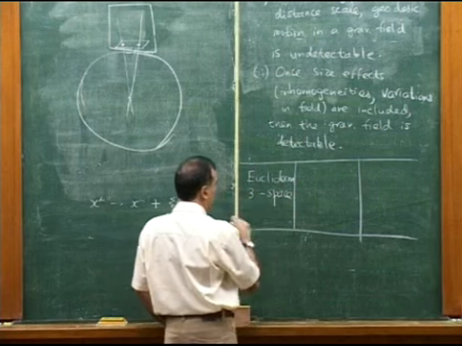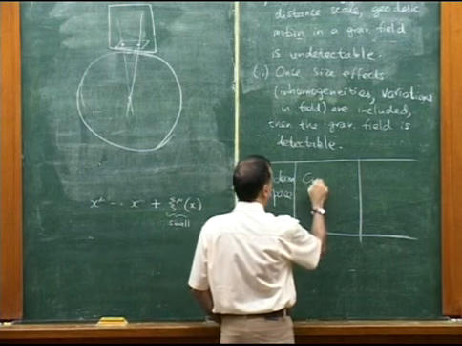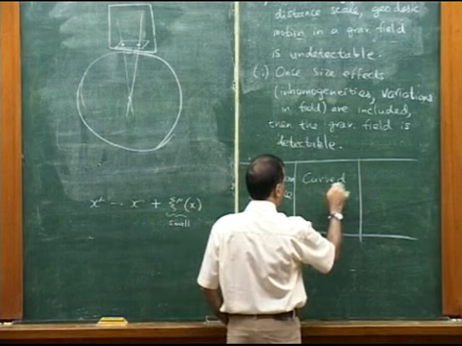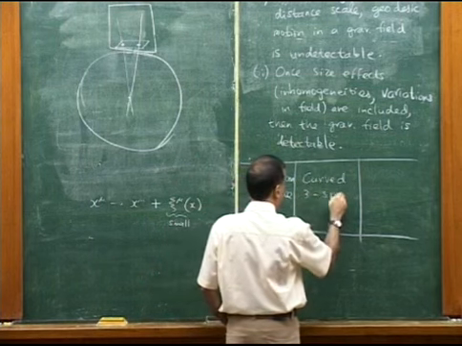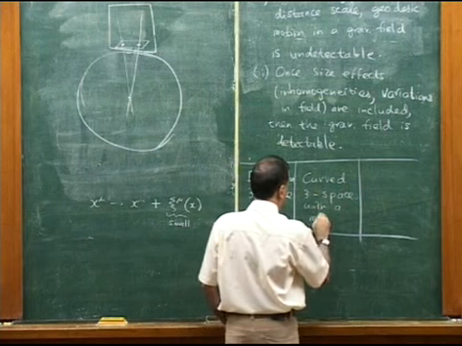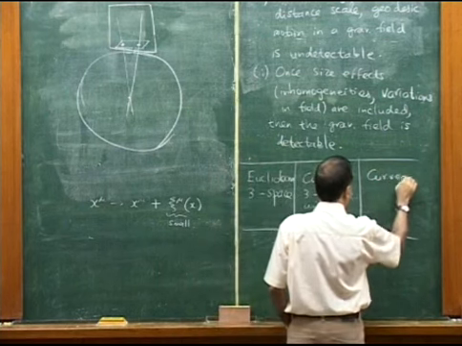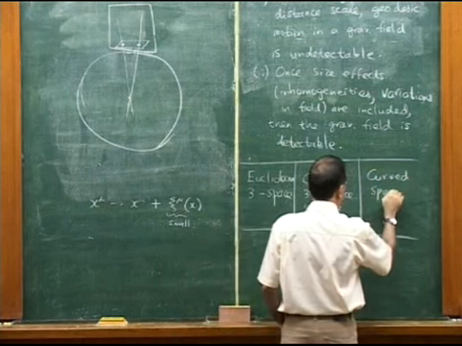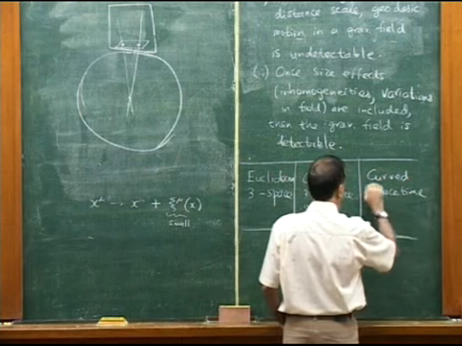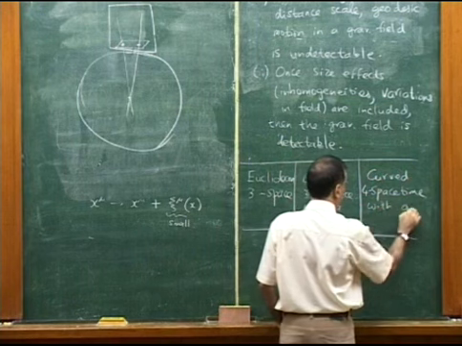Here is curved 3 space with a metric, and here is curved space-time. So 4-dimensional space-time with a metric.